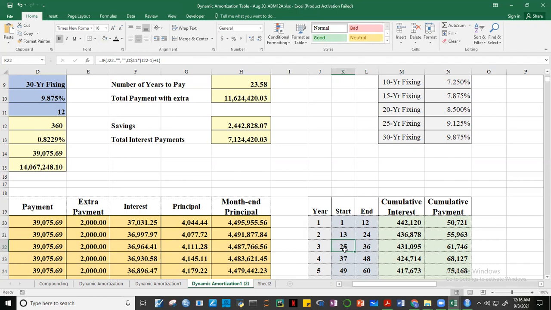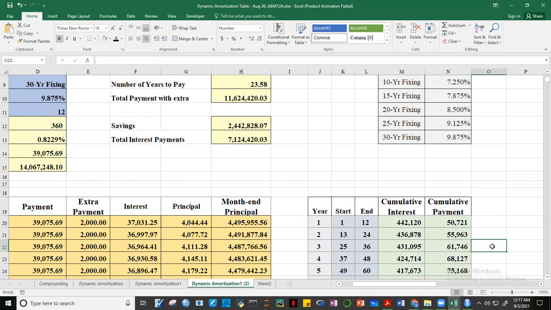As I said, guys, our formula here can simply be: if J22 is equal to nothing, give us nothing. Otherwise, it will be the previous end, that's L21, and then plus 1, in order to get the start of the next month.